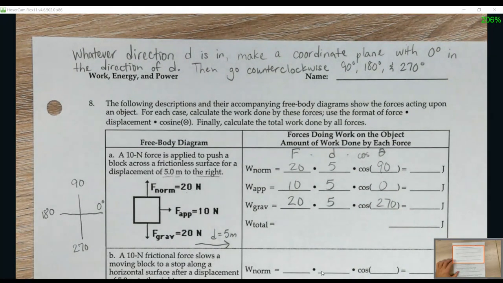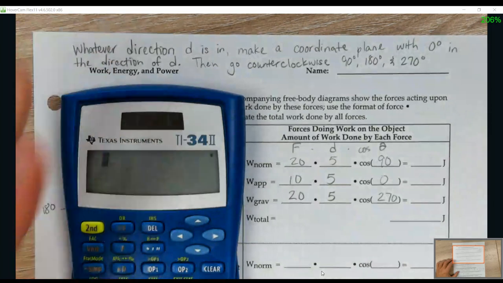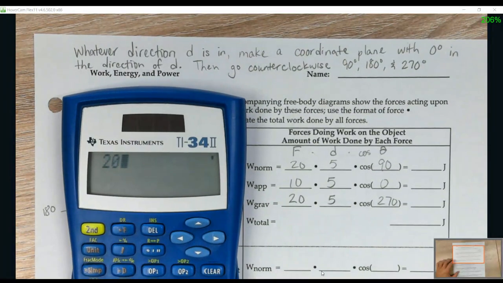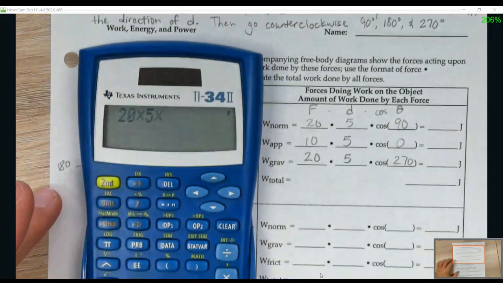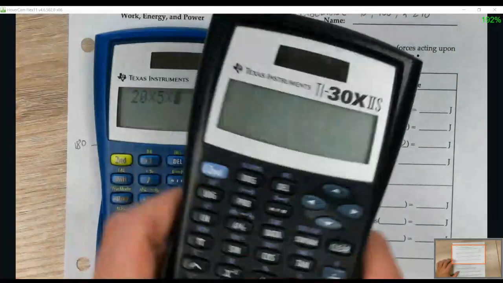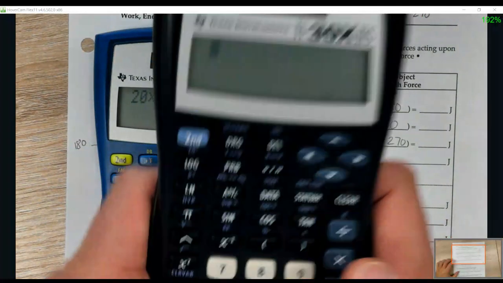Okay, then on our calculators, we're going to take force of 20 times the distance times cosine.